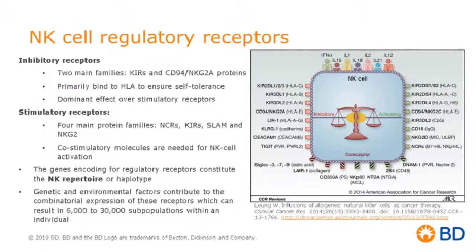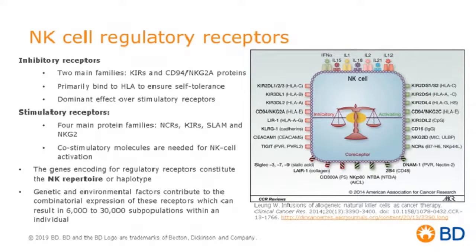It contributes to the great heterogeneity and diversity of NK cells. A recent study estimated that, based on the mathematical combinatorial possibilities of expression of these receptors, each individual can have somewhere between 6,000 and 30,000 different subpopulations of NK cells based on receptor expression.